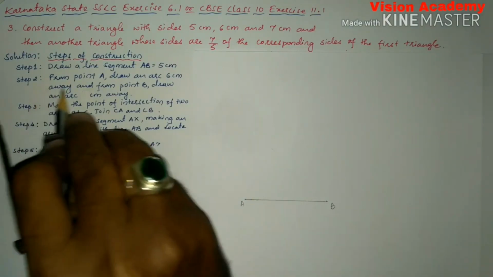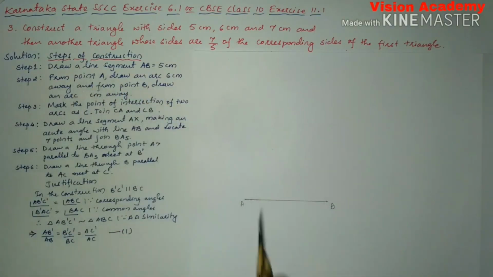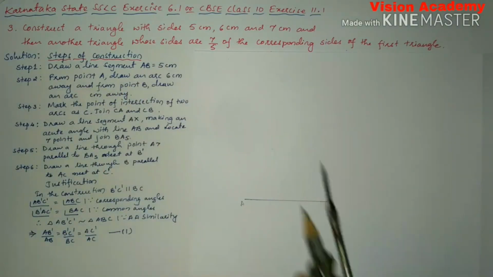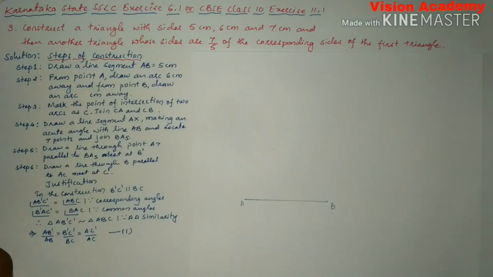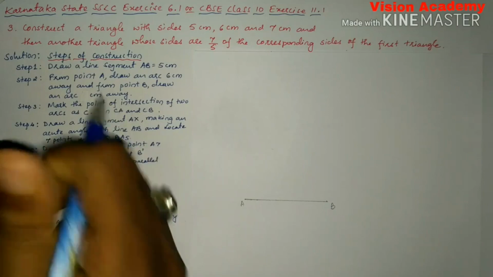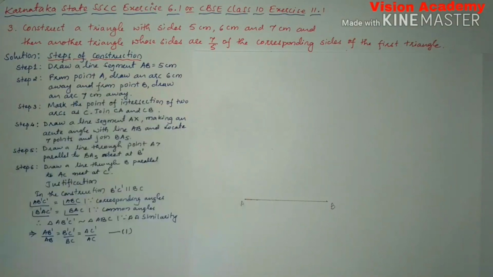Now step 2, from point A draw an arc 6 cm away, and from point B draw an arc 7 centimeter.